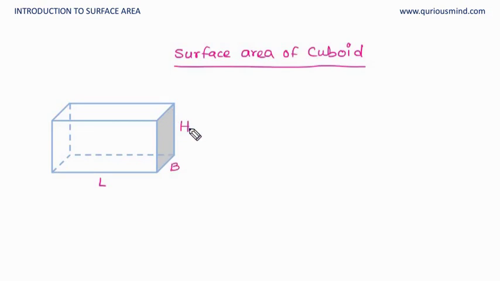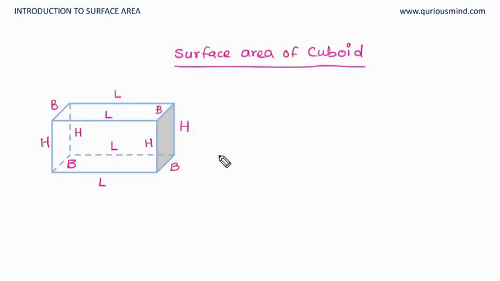And because these are rectangles, if this is height, this also would be height. If this is breadth, this also would be breadth. If this is length, this also is length. Even this behind is length. This is breadth. So everywhere we can see this is your height and this is your height. So these became the measurements of this cuboid.